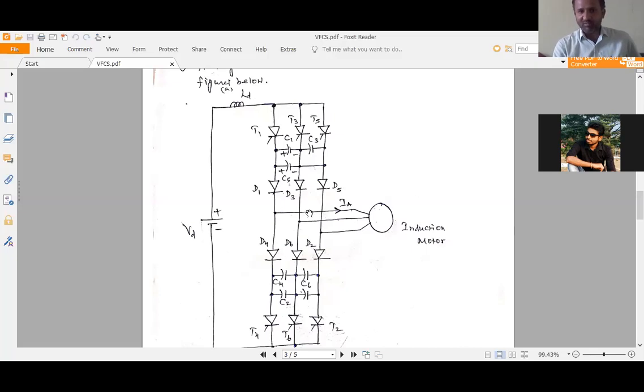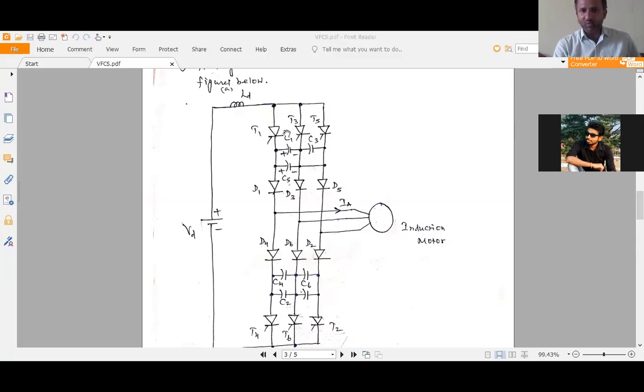The current source obtained at the output of the inverter is fed to the induction motor. This is the phase current IA, with A phase, B phase and C phase. IA is the phase current obtained from phase A by using these thyristors.